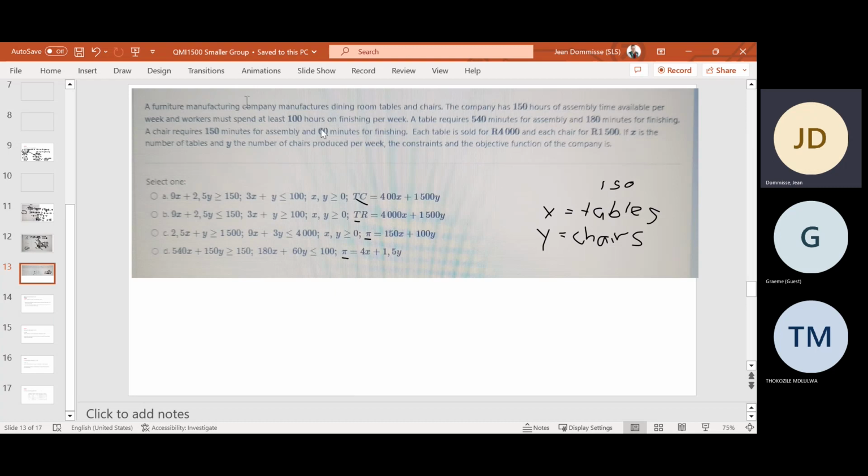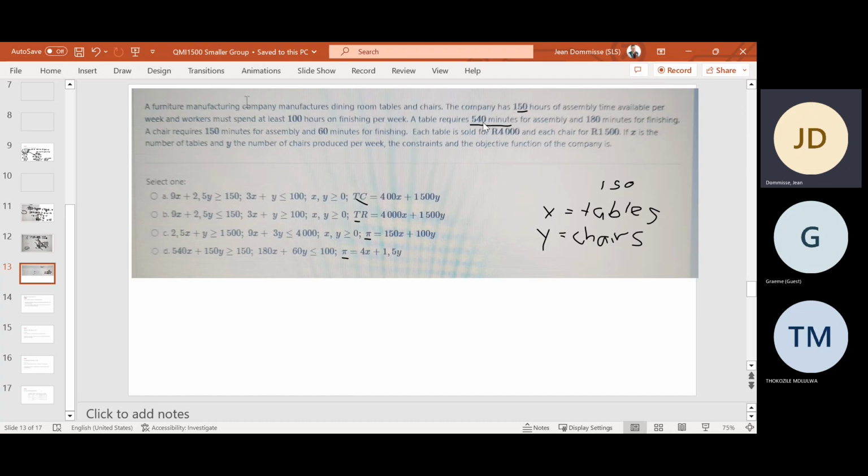So they tell us the company has 150 hours of assembly time available a week, and workers must spend 100 hours on finishing per week. The table requires 540 minutes. The first thing that we need to look at is that here they talk hours and here they talk minutes.